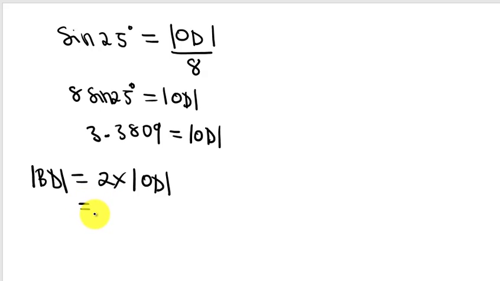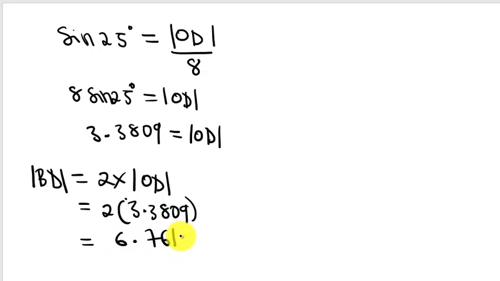Now we know the magnitude of OD, so 2 multiplying the magnitude of OD, that is 3.3809, and this is going to give us 6.7618.